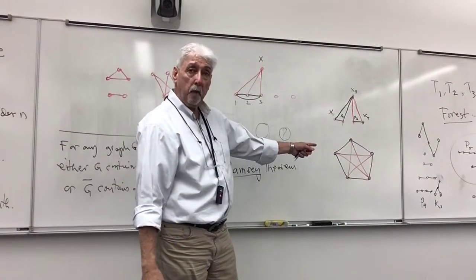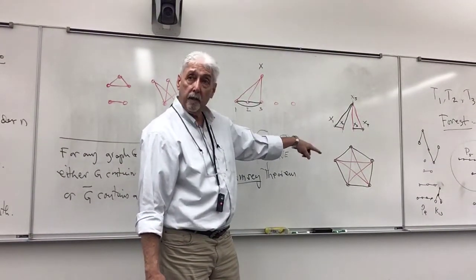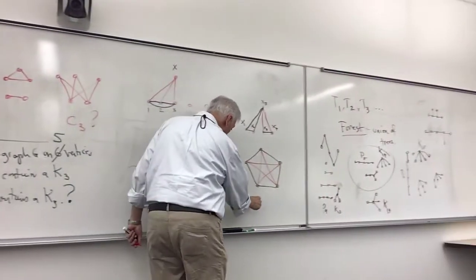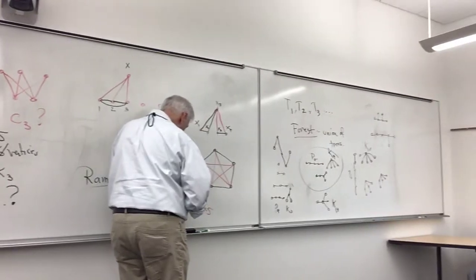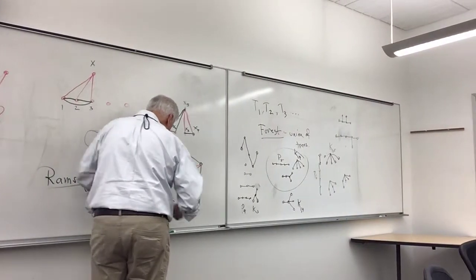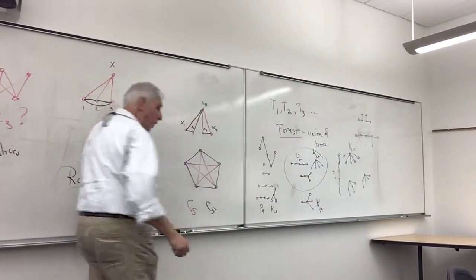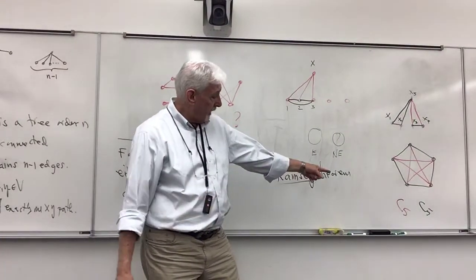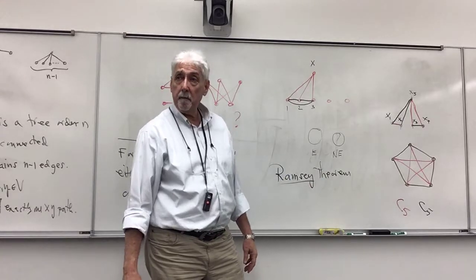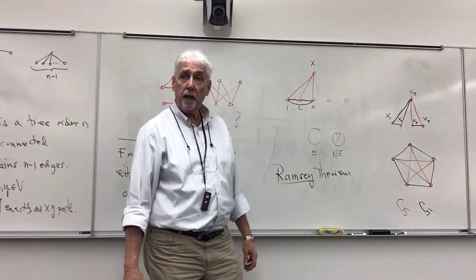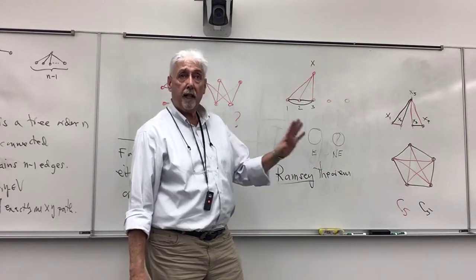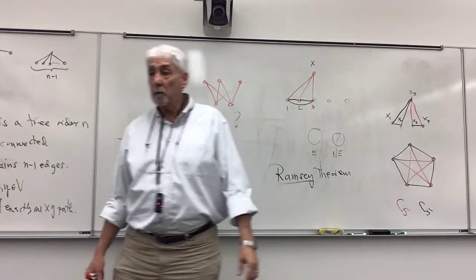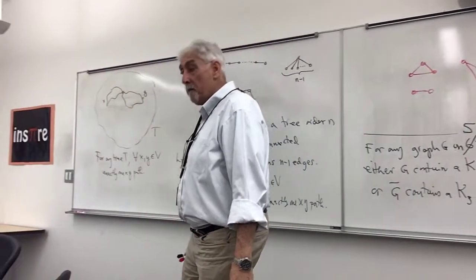It looks different, but what is the red graph? C5. Okay, so we have a red C5, and I have a black C5, and that's all the possible edges on 5 vertices. Does the red C5 contain a red triangle? Does the black C5 contain a black triangle? So 5 is not enough. So 6 is the smallest such number of vertices so that this is true.